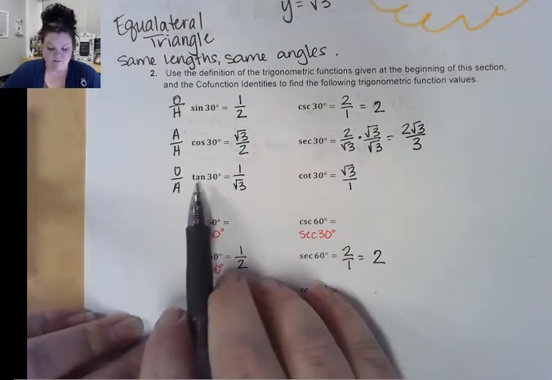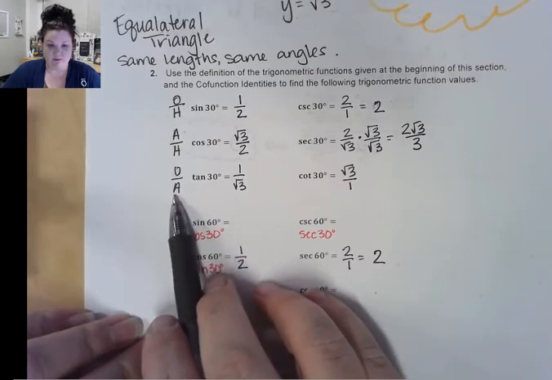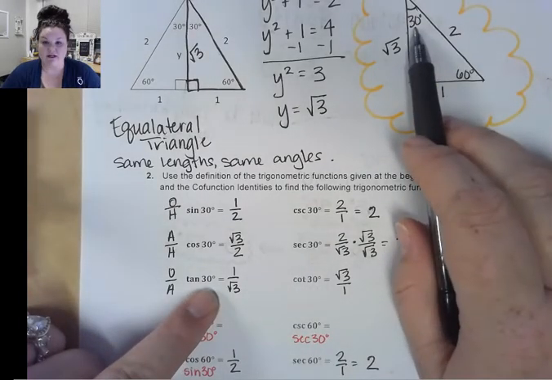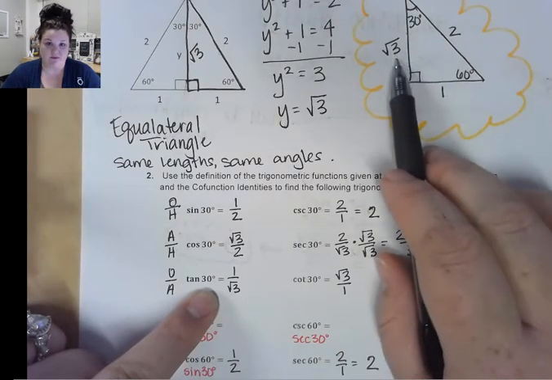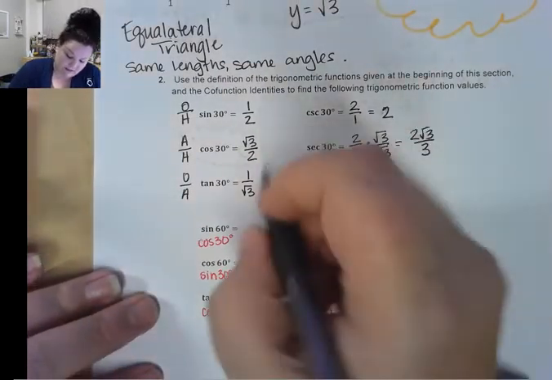And then I did the same thing with my tangent. I calculated opposite over adjacent. And remember, when we do this opposite over adjacent, we're using our 30-degree angle. So what is opposite of my 30-degree? 1. What is adjacent to my 30-degree is square root of 3, right? So once I have that, again, this needs to be rationalized.